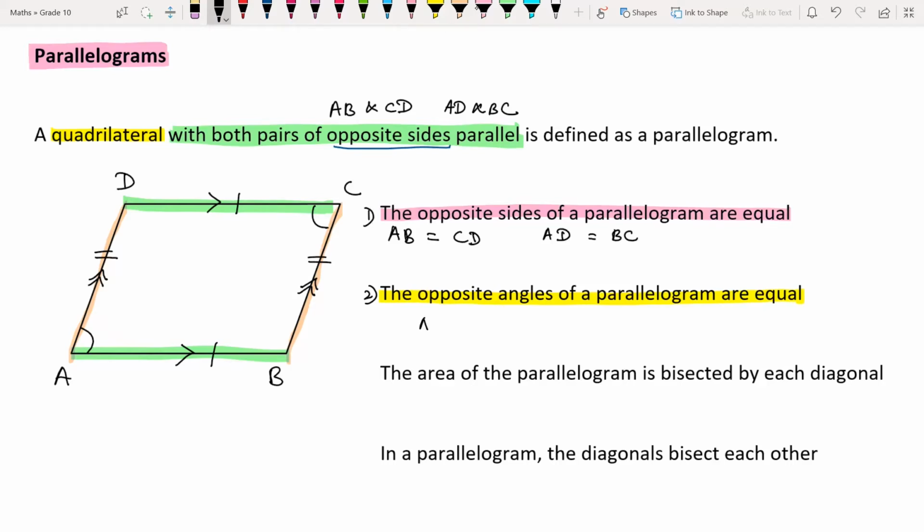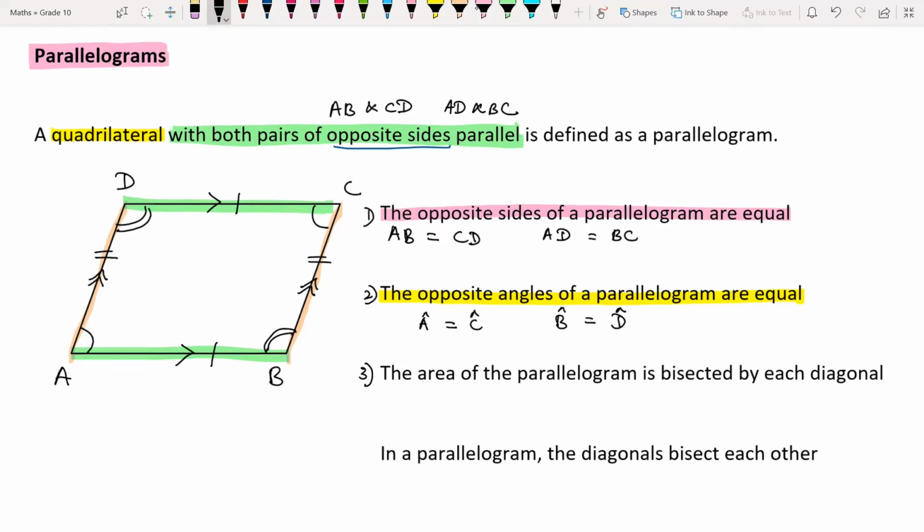So angle A equals angle C. And also the other two opposite angles are equal, right? So angle B equals angle D. Now let's say if this is 100 degrees, this should be 100 degrees. If angle A is 80 degrees, this should be 80 degrees.